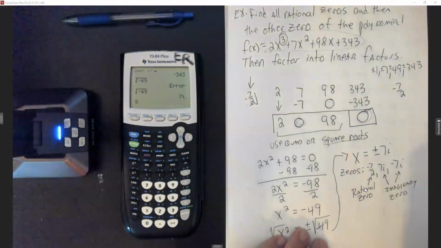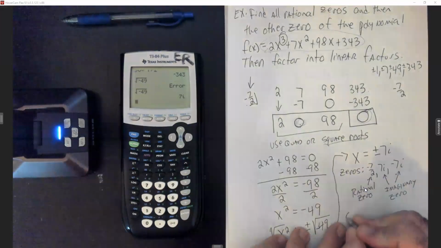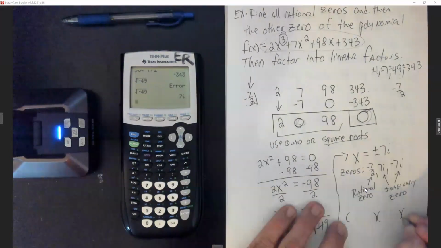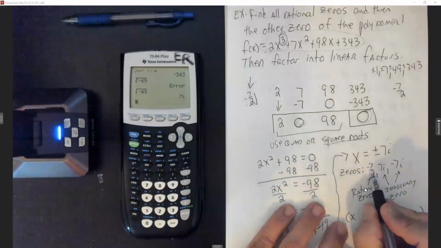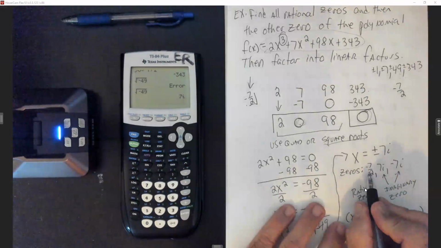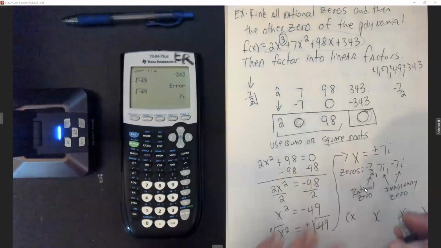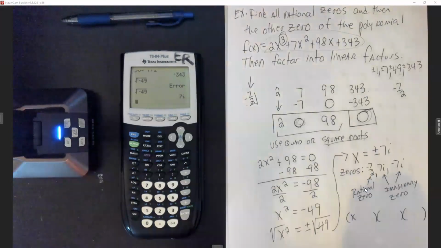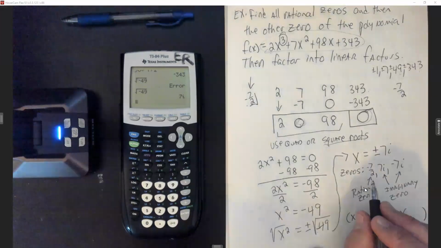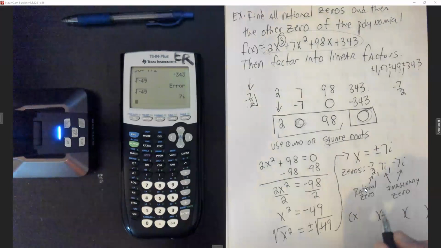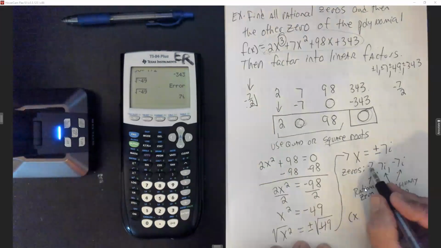So linear factors, they want me to put all those in parentheses. So you'll have x minus 7i. Whoops. Now, y'all, watch what you got to do on this. This would be plus 7 halves.